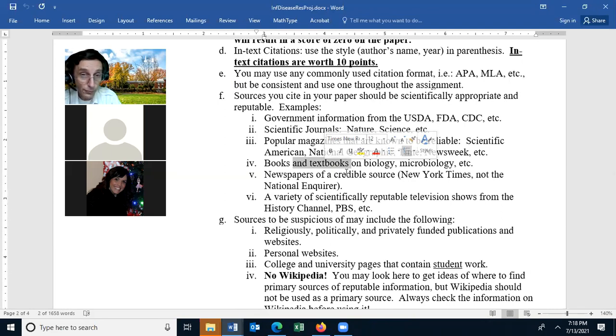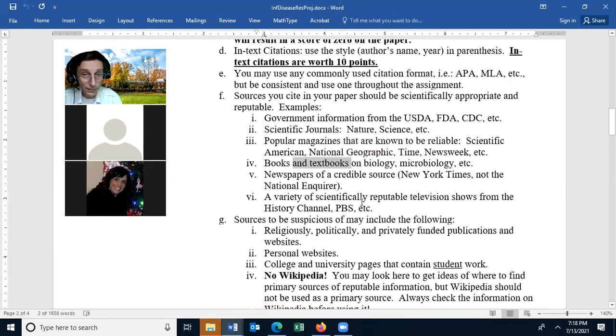And the reviewers go through the textbook to make sure that the textbook is factual. Newspapers from a credible source are accepted, like the New York Times. I'm not sure of the Vancouver paper, so I'm just going to say the Oregonian. Okay, a reputable newspaper is acceptable.